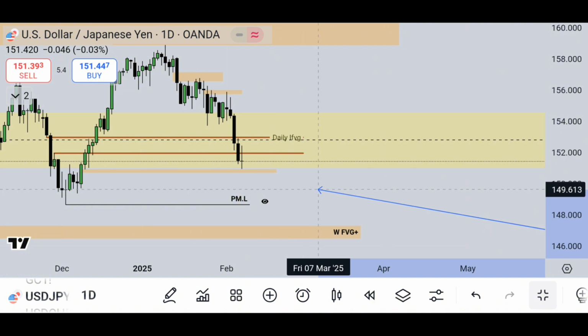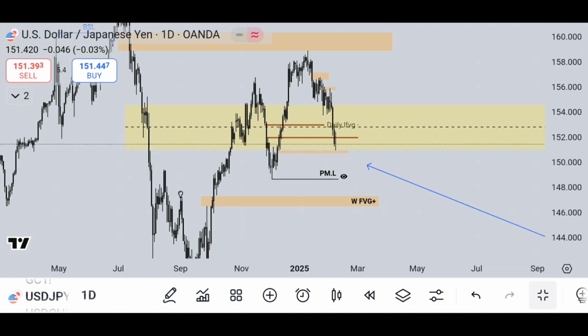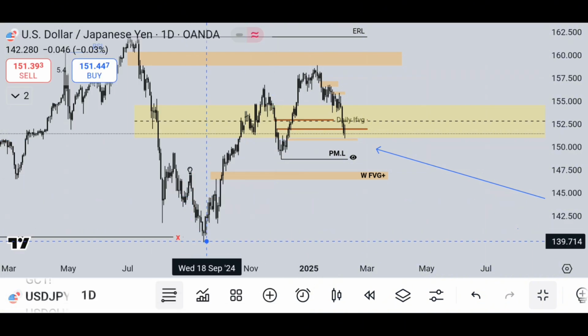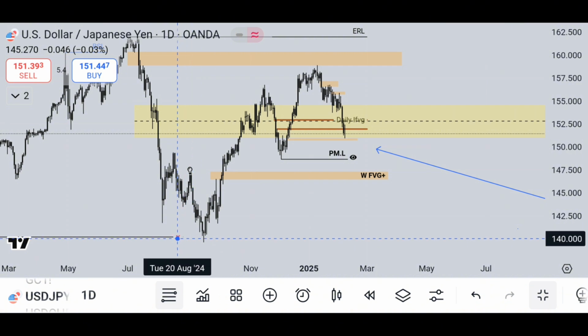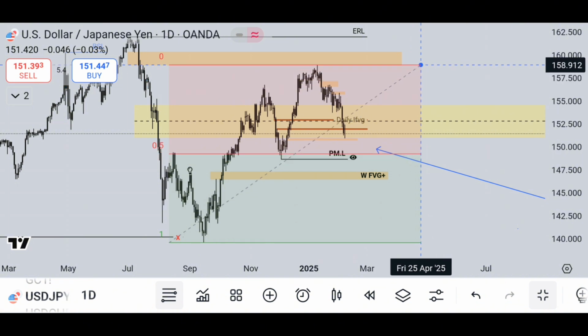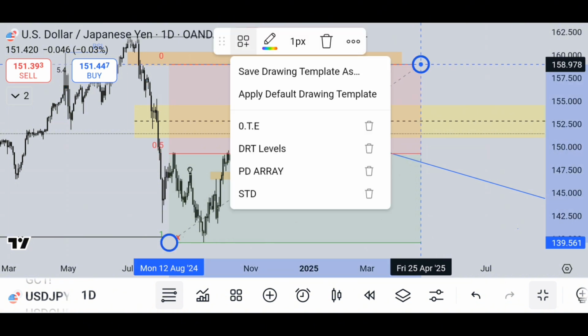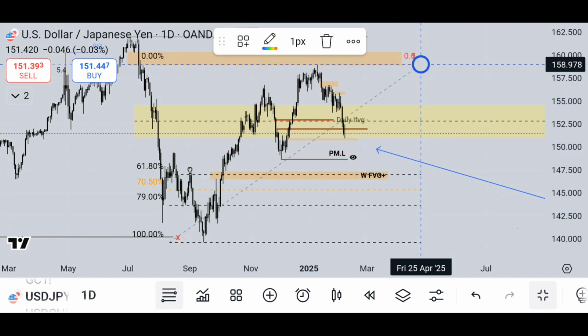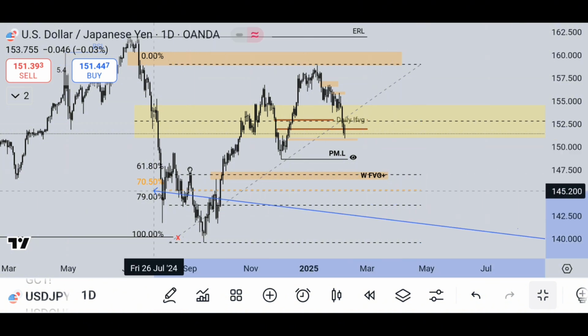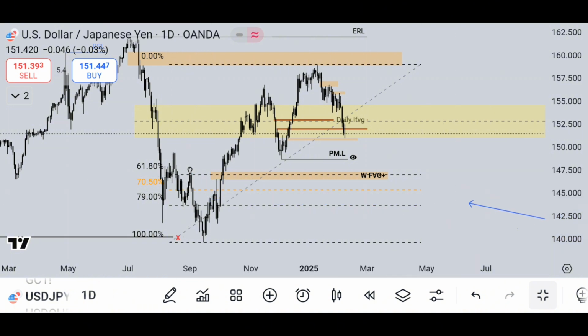So what could be my anticipation? One more last thing, guys. I want to measure to find my OTE dealing range, right? I want to see whether our weekly FVG aligns with this golden zone, and it's not.